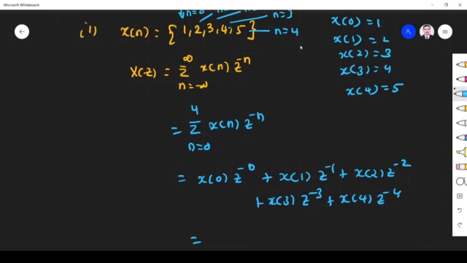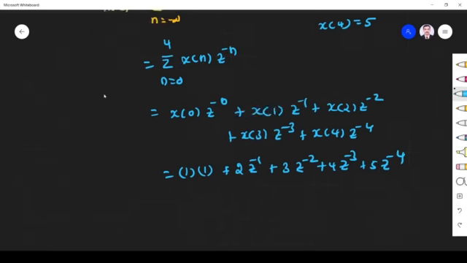So what is the value? x of 0 is 1, z power 0 is 1. x of 1 is 2, z power minus 1. x of 2 is 3, z power minus 2. x of 3 is 4 into z power minus 3, plus x of 4 is 5, sorry, z power minus 4.